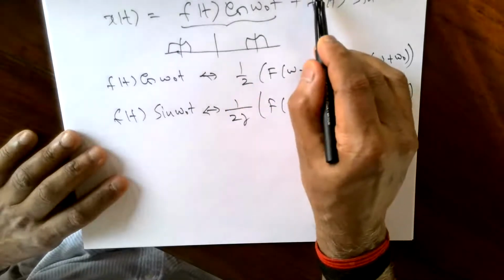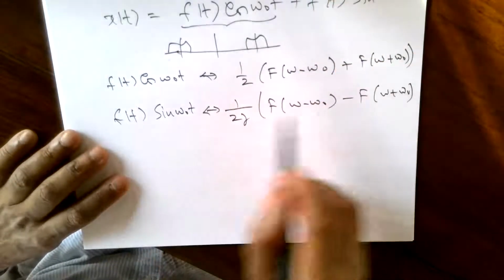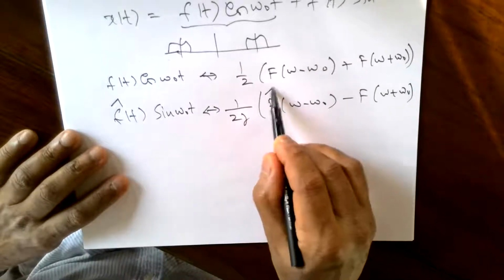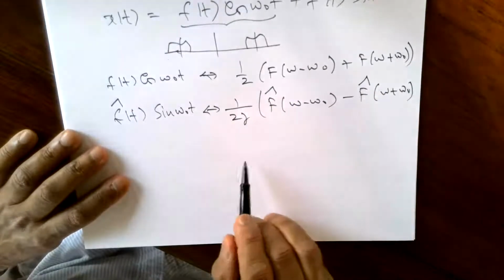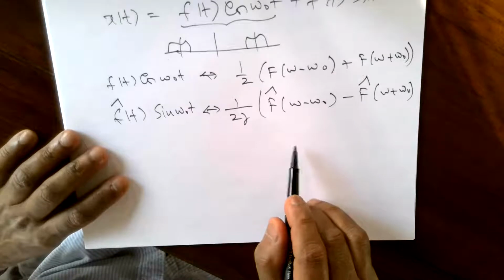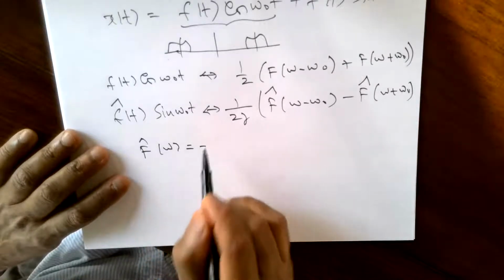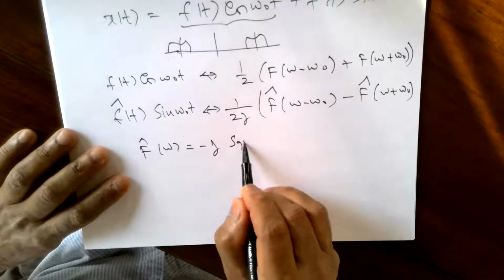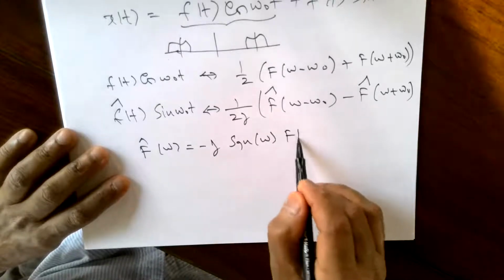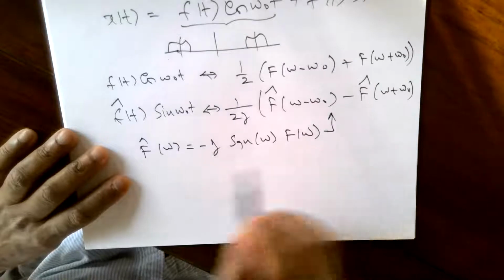But if you notice here, we want f hat of sin ω0 t. So the transform of this gets shifted. Let me substitute, but F hat(ω) is, we know from earlier, minus j sgn(ω) F(ω). So let me substitute that into here.